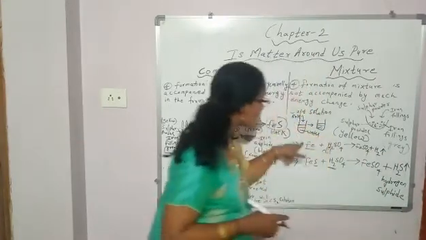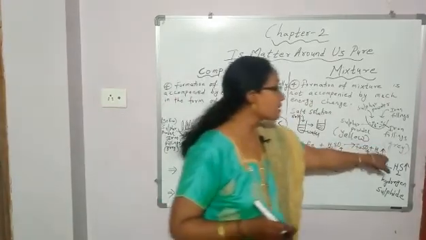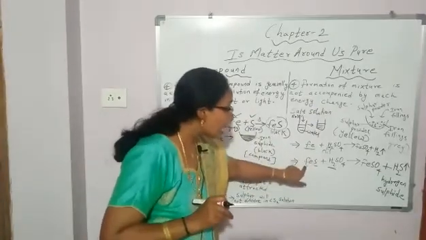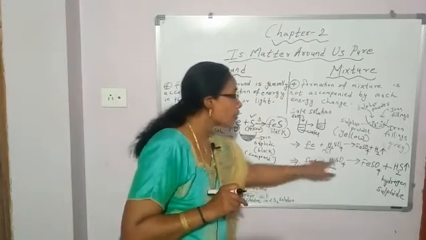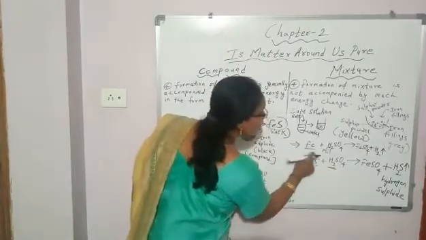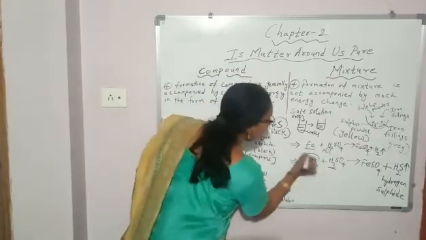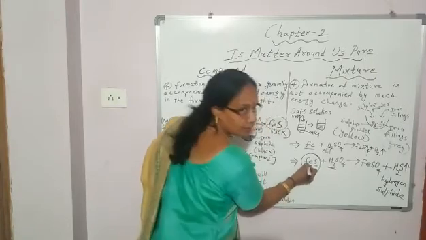And what is the property of iron? When dilute sulfuric acid is added, which gas is evolved? Hydrogen gas. But in this compound, iron, which is a constituent of this compound, will not show the property. It means compound does not show the property of its constituent.